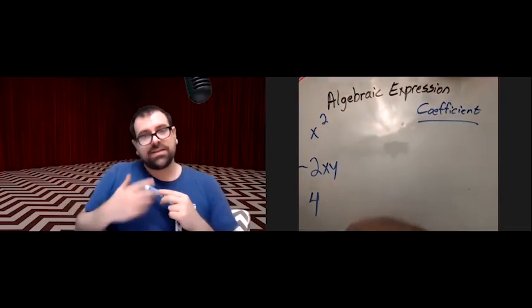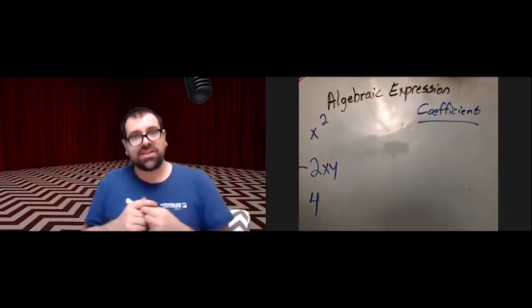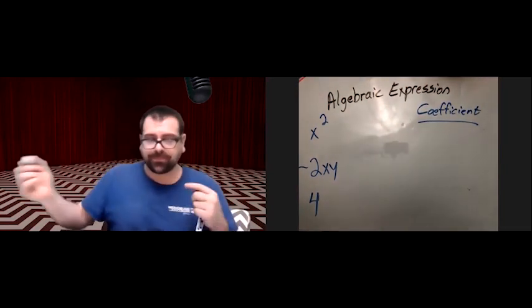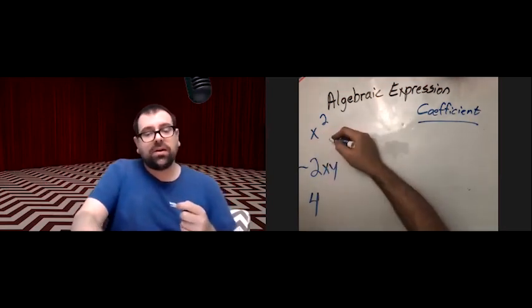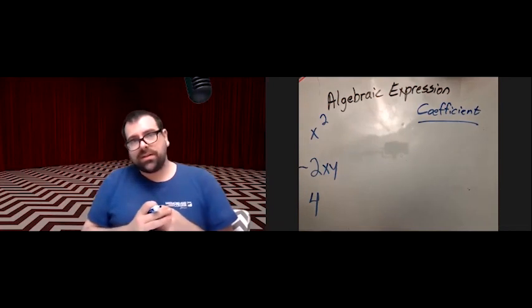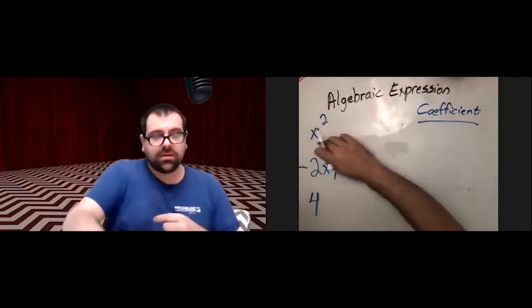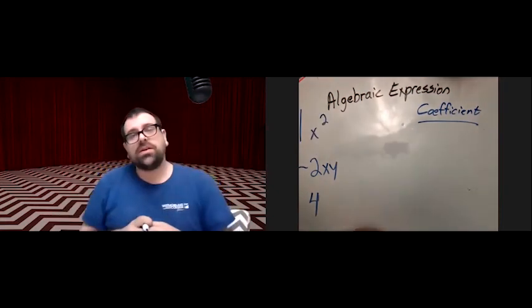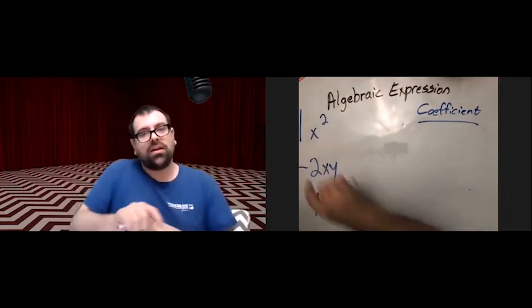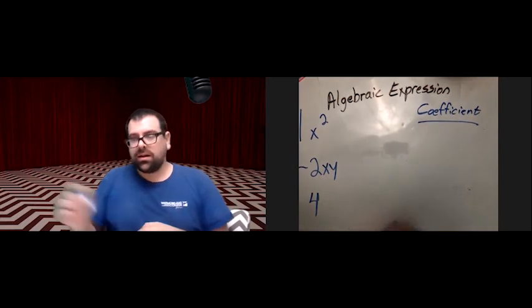Now, each of these is its own separate situation to look out for. With just x squared, there's no number listed in front of x squared, but we know there is a 1 in front of x squared. Why?